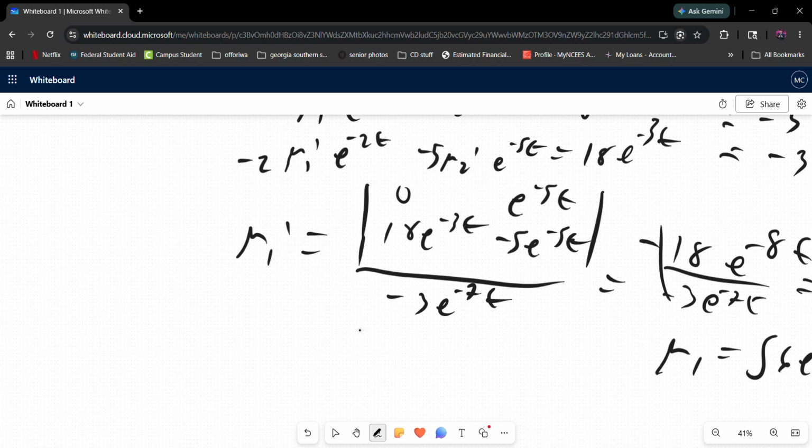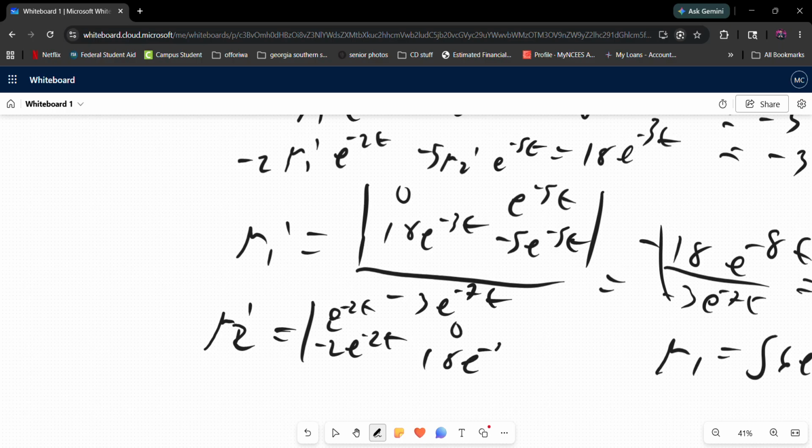Now we do the same thing with mu2. So mu2 prime is going to be equal to the determinant of this matrix. So we're going to have e to the negative 2t, negative 2 e to the negative 2t. Then we're going to have 0, 18 e to the negative 3t, all over the Wronskian, which is negative 3 e to the negative 7t.